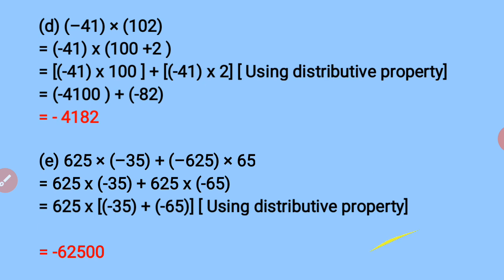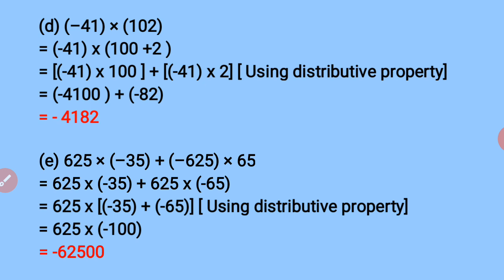Solve the bracket. Children, the numbers in the bracket are exciting numbers, you will see. They are very easy, simple numbers to be added, and when you add them, this 35 and 65 gives you 100 and minus is the sign of the greater. This is how the addition yields minus 100. Now what is the multiplication?